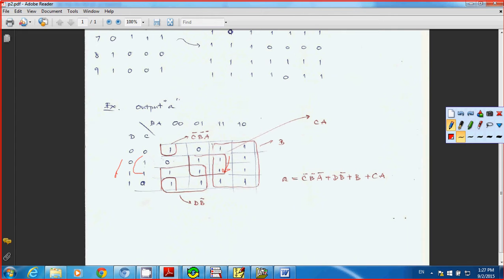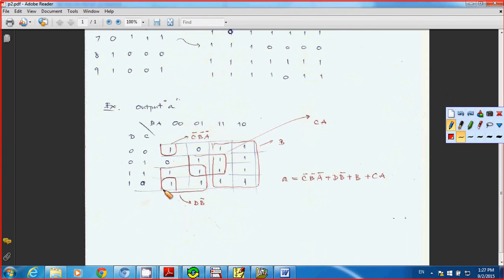Because C is still 1, but D has changed from 0 to 1, so that's why you pick up C here. Now from the left to the right, you can see that B had changed from 0 to 1, and A is still the same, 1 and 1, so that's why you pick up A. That's why you have this term as C and A.